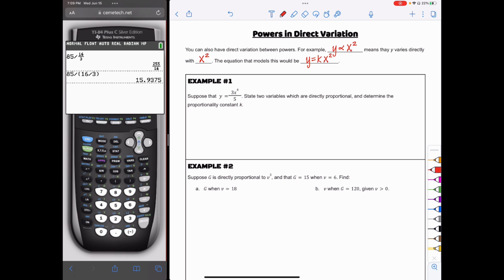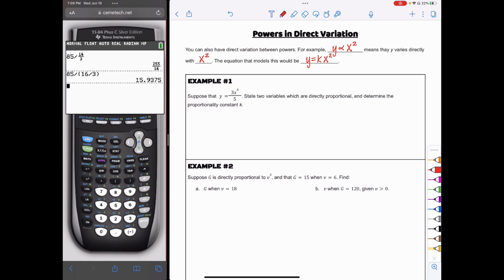So let's look at our two examples here. So example 1 says, suppose that y is equal to 3 times x to the power 4 divided by 5. And then it says state two variables which are directly proportional and determine the constant of proportionality.